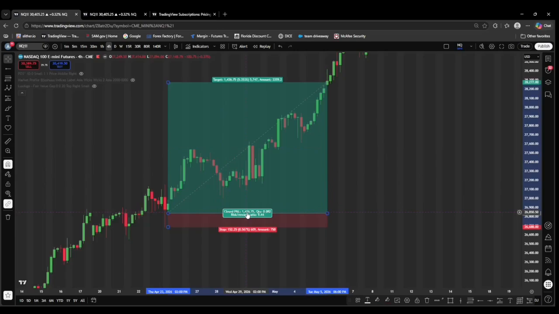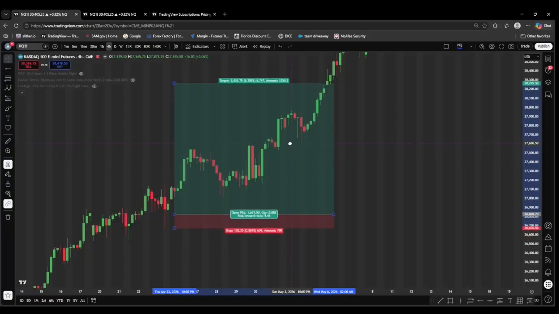And they give you your R, risk to reward ratio, right here. I'm not gonna say you don't have to use it because a lot of traders do use it. And I do believe that it is a great tool. I don't use it.